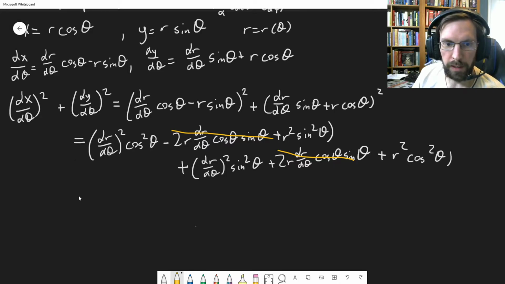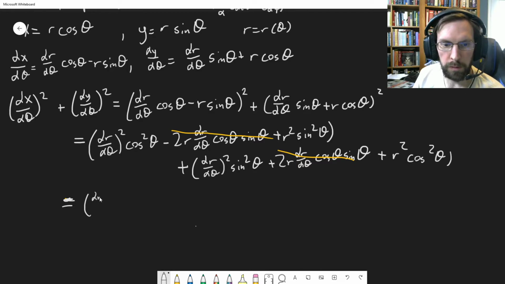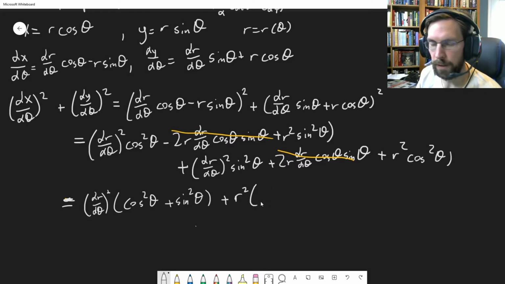By combine like things, I mean let's put everything with a dr/d theta together. So (dr/d theta) squared, we're going to get a cosine squared theta plus sine squared theta, plus, put everything with an r squared together and factor it out.